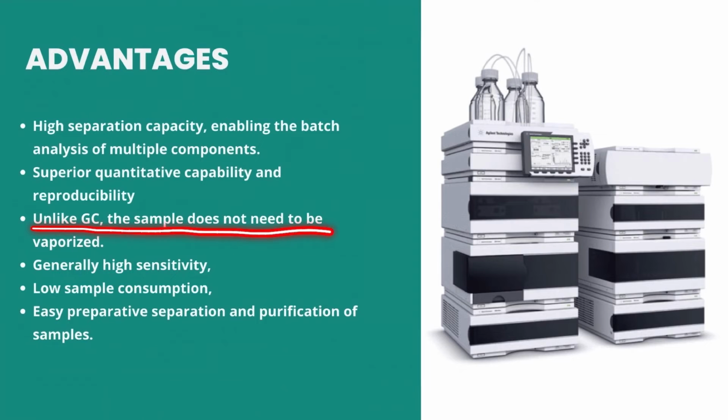Unlike gas chromatography, the sample does not need to be vaporized. As this is liquid chromatography, we use the mixture of compounds to be analyzed in the form of liquid. So we don't need to vaporize or decompose these things. Similarly, it has high sensitivity, so even a small amount can produce a greater signal.